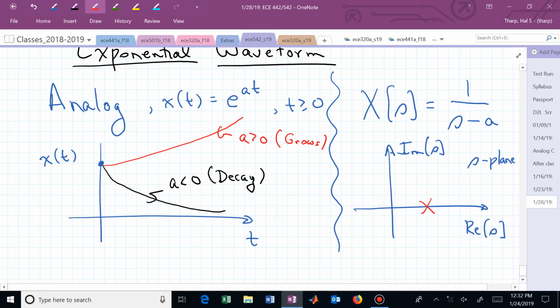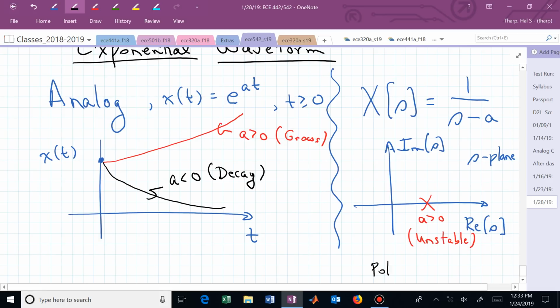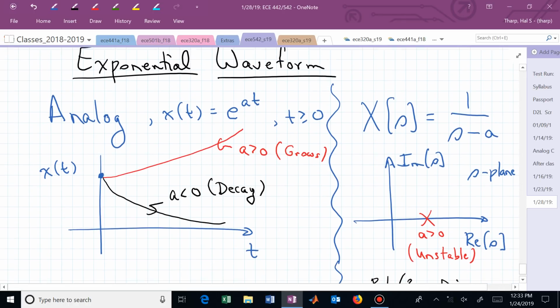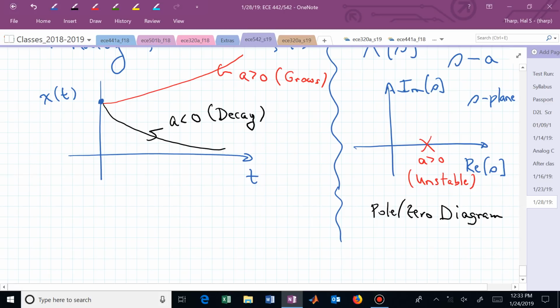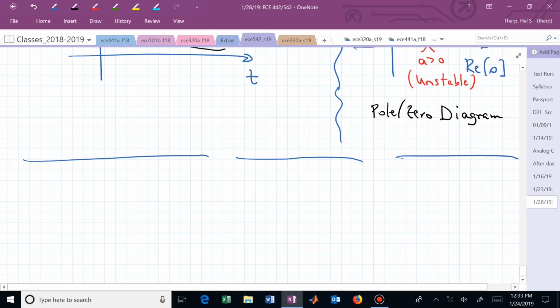Now, if a was positive, we would be in the right half plane, and that would give rise to a growing time domain exponential waveform, or an unstable response. And this is now the pole zero diagram of an exponential.